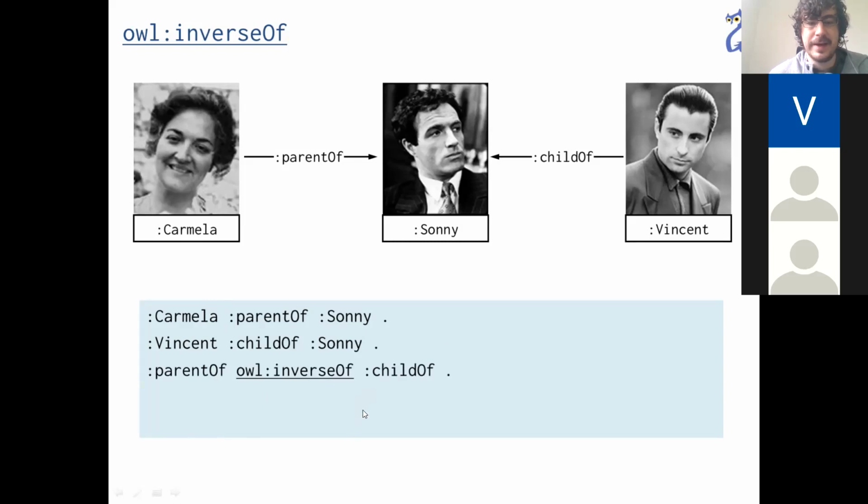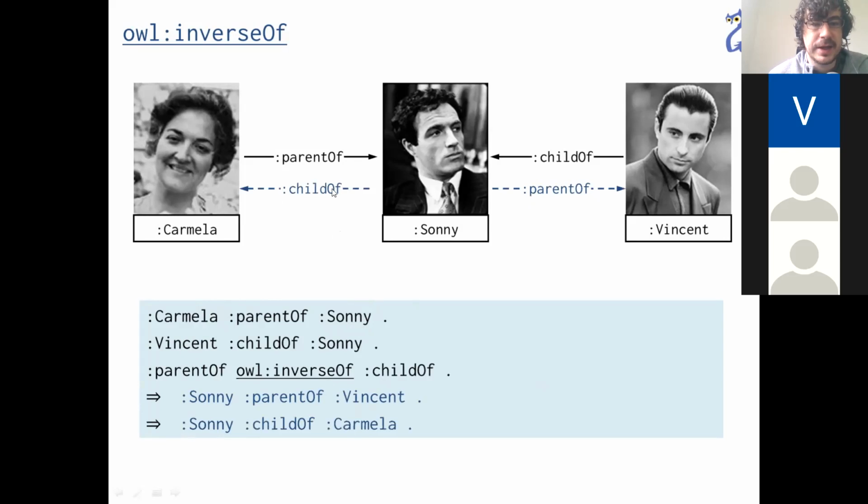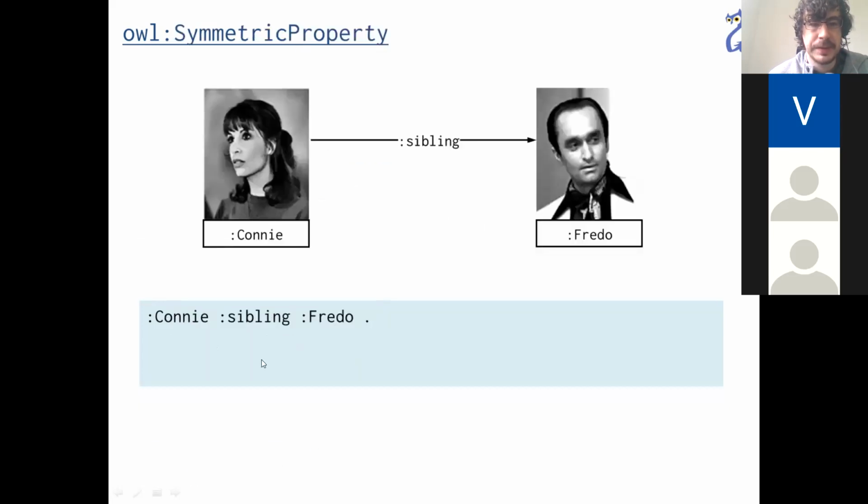It's like the inverse of equivalent property, to say that two properties are the same but in different directions. From this, we can infer that Sunny is parent of Michael and Sunny is child of Carmela. So we can infer in both directions using inverse of. This is the inverse of definition.